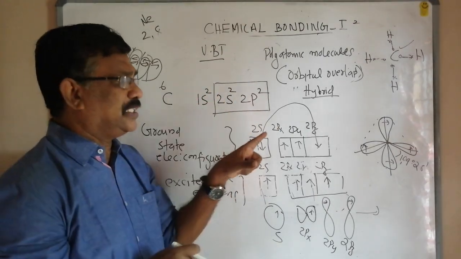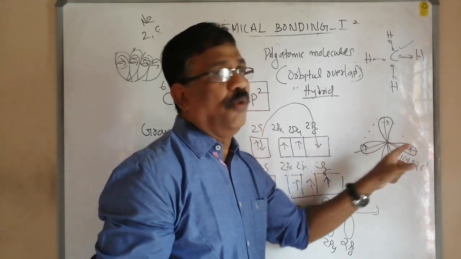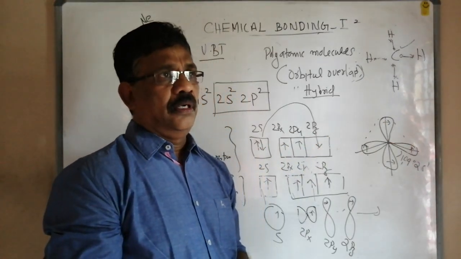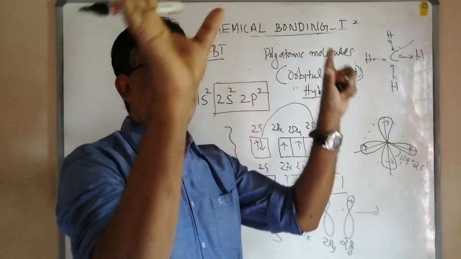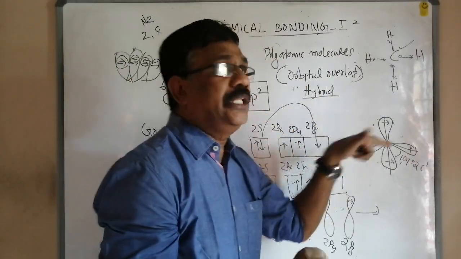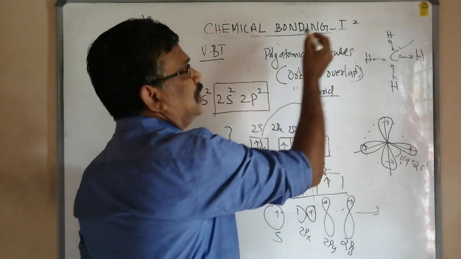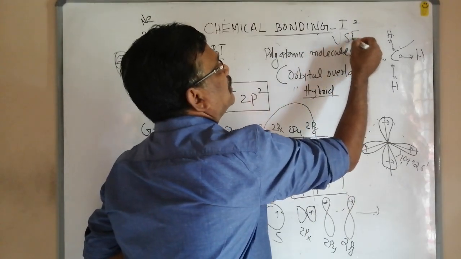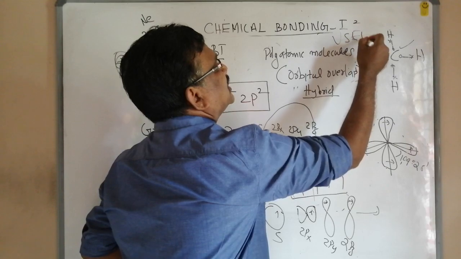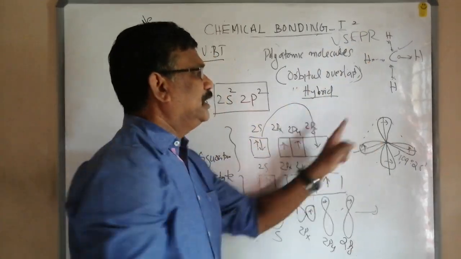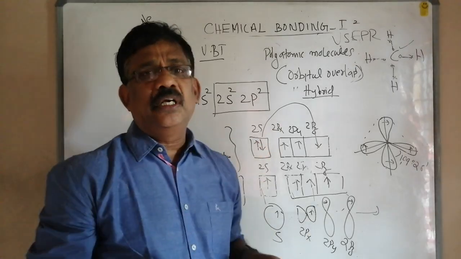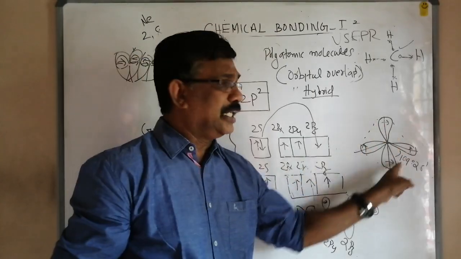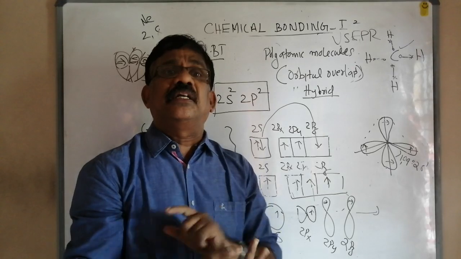To minimize the repulsive force between bond pair and bond pair, the newly formed orbitals are arranged in space in such a manner that repulsion is minimum and stability is maximum. This is VSEPR theory, valence shell electron pair repulsion theory, which we will discuss later. The orbitals arrange in space in such a manner; here that manner is a tetrahedron.